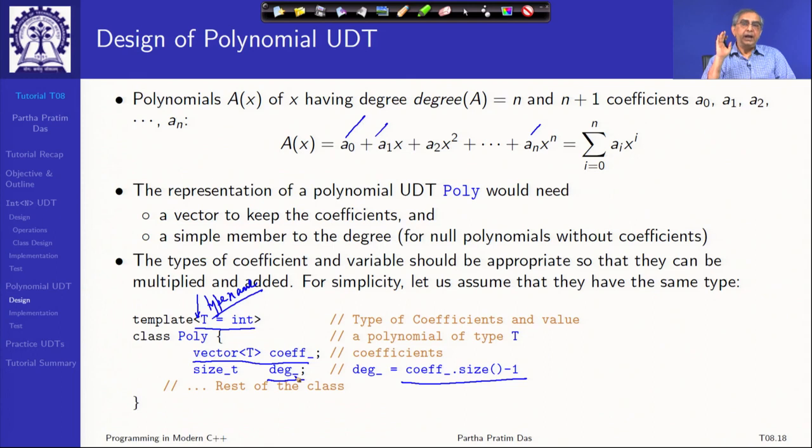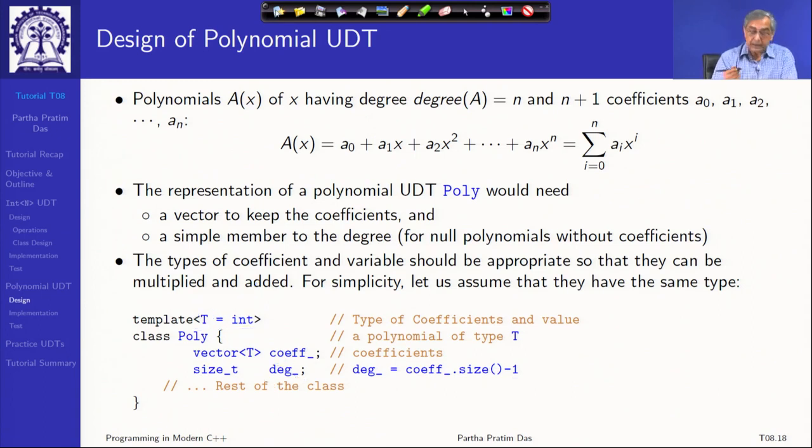The reason for that is, having that will make sure that I can even have a null polynomial of any degree whatsoever, right. So, it is not necessary that I need to know the degree from the vector, but I can have the degree and then build the vector, right. And that is always an invariant that must be satisfied in my polynomial type.